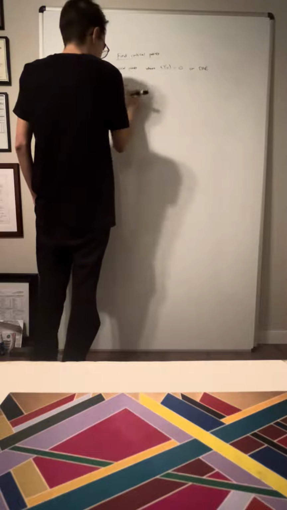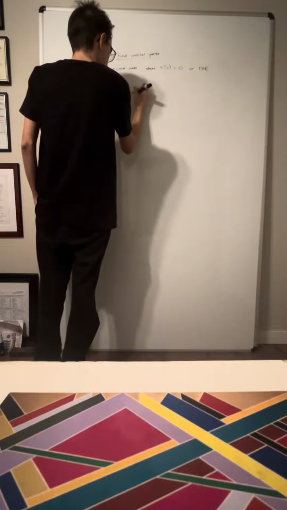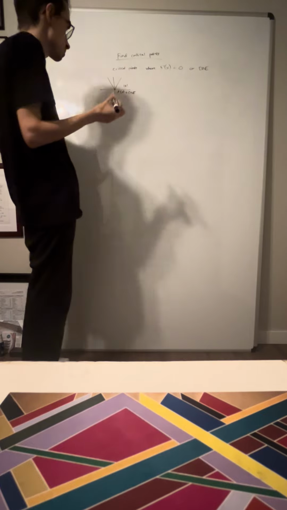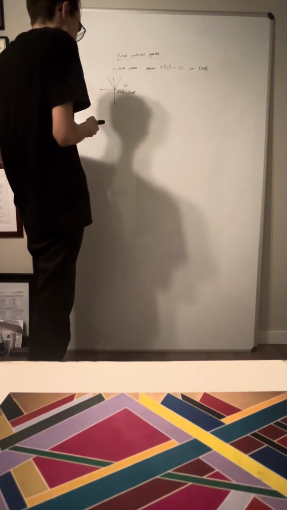In other words, it's not the same slope coming from both directions, so therefore it does not exist.